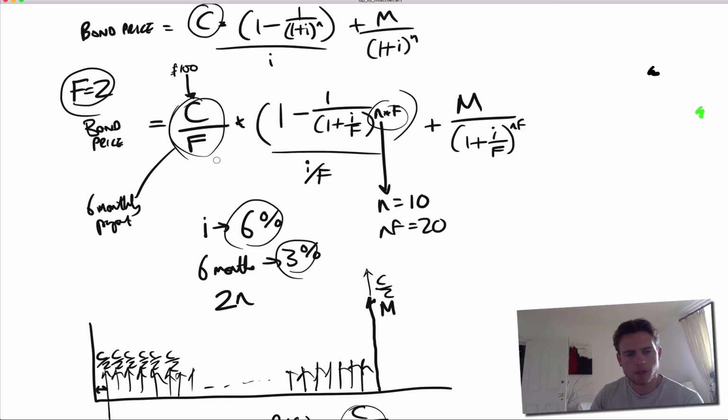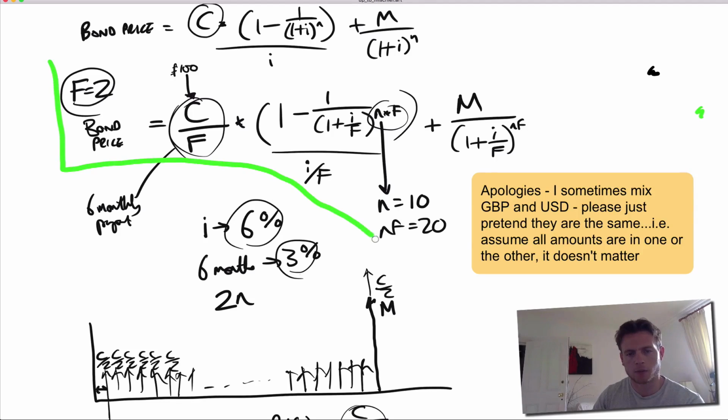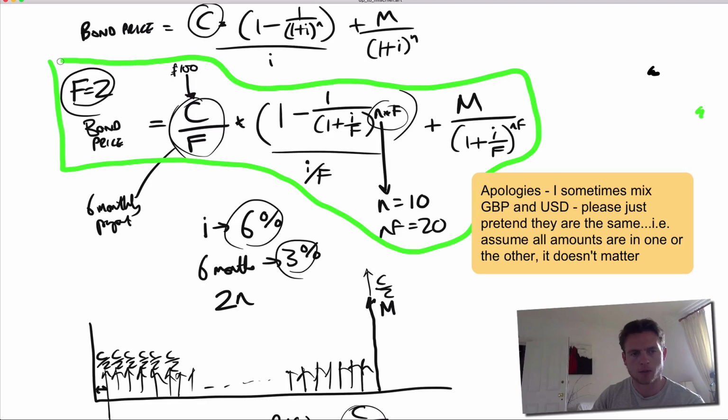So if you remember, in the last video, we went over the formula for calculating a bond price, and we complicated it slightly to include the complication that this bond might pay its coupon every 6 months, whereas yield is normally expressed as an annual return.